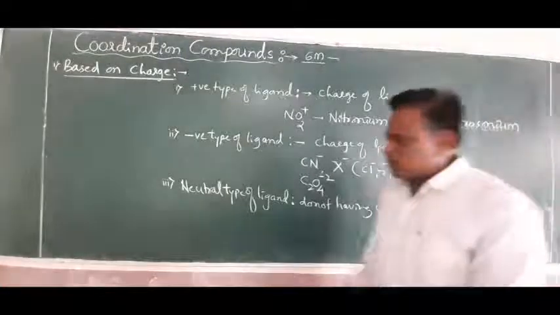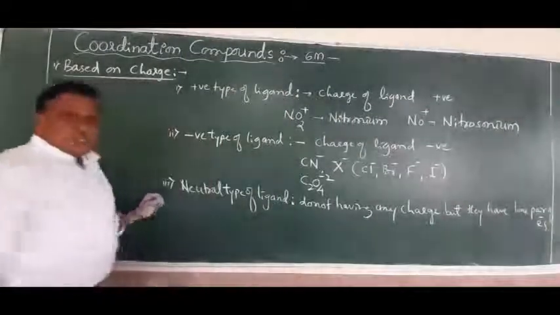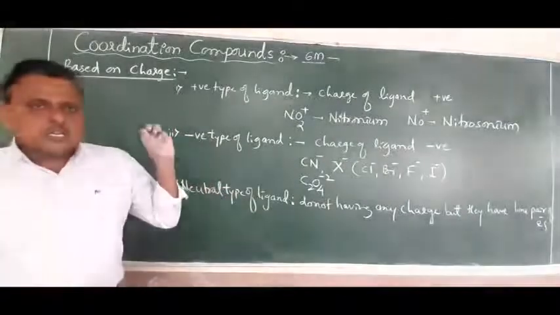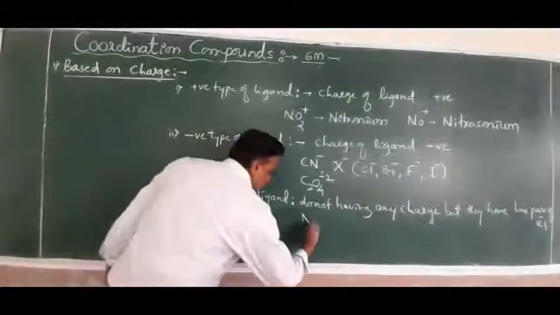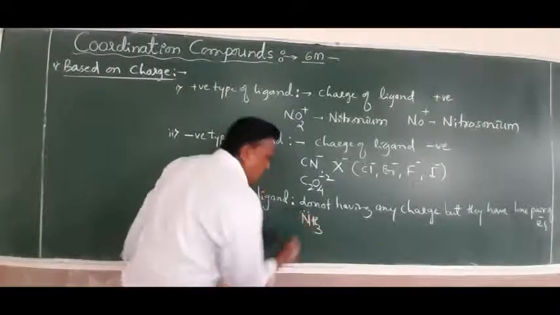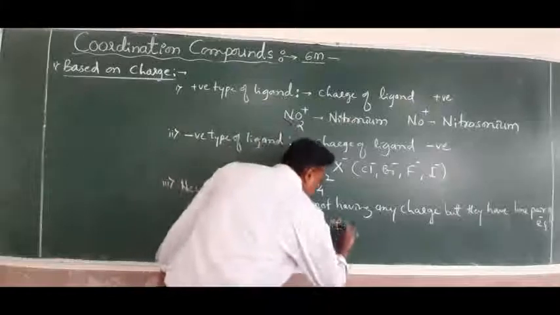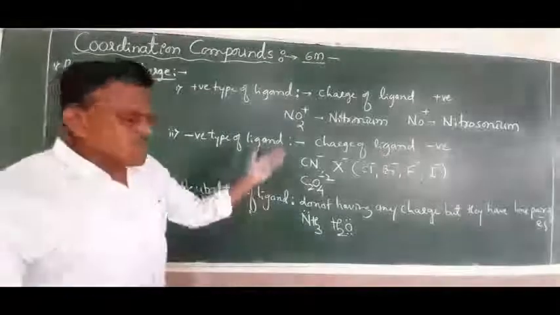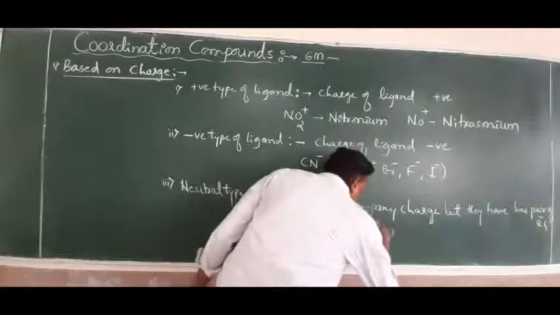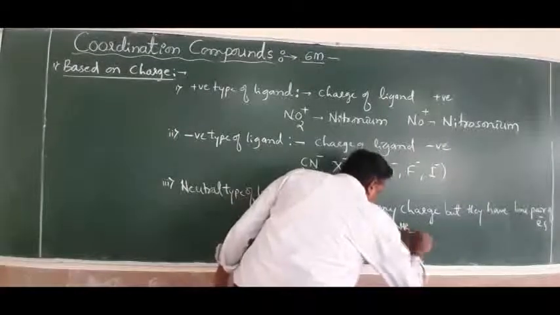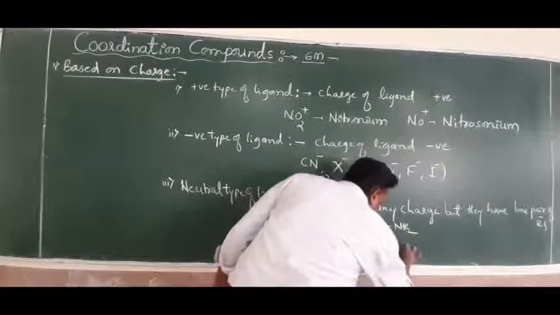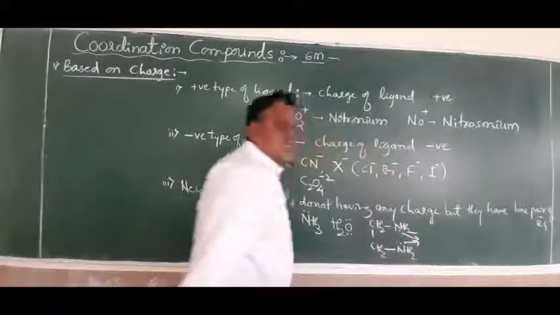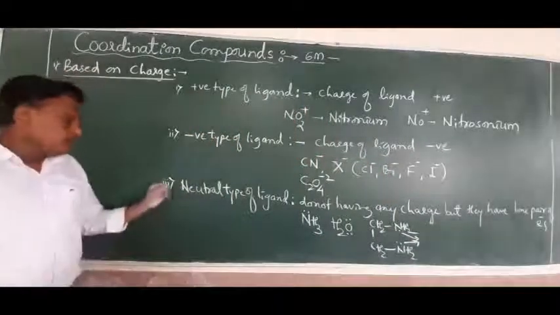At least a lone pair of electrons they have to donate to the central metal. A neutral ligand has no charge, children, but it has at least a lone pair of electrons. For example, ammonia is a neutral ligand, water is a neutral ligand, carbonyl is a neutral ligand. So many neutral ligands. Another best example of our syllabus is ethylene diamine. This is the best example of a neutral ligand.